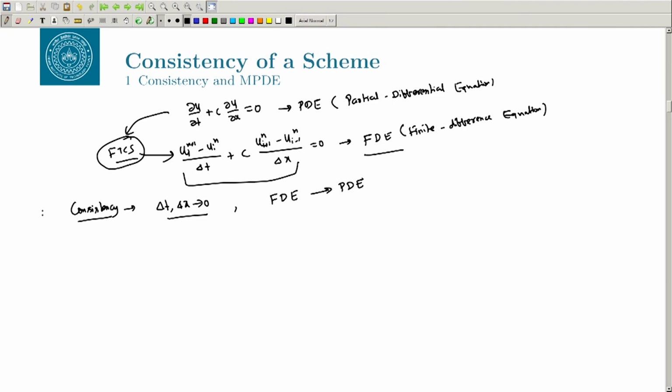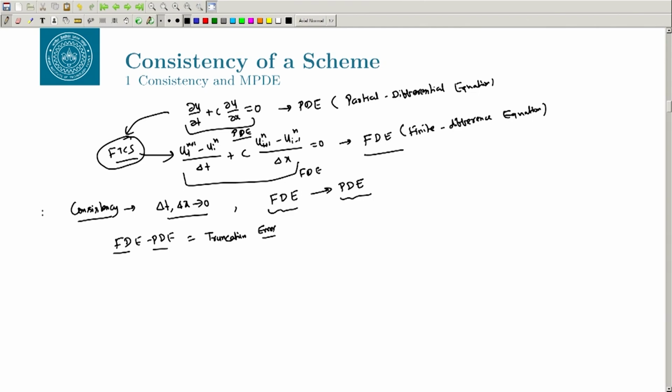That is what the consistency says, that as you decrease delta t and delta x all the way to 0, your finite difference equation should become the PDE or approximate the PDE, right. So, in order to see that, you can take the difference between FDE minus PDE, right. So, this is my FDE and this is my PDE, right. And as we know from our earlier classes, the difference between the two is called the truncation error, right.